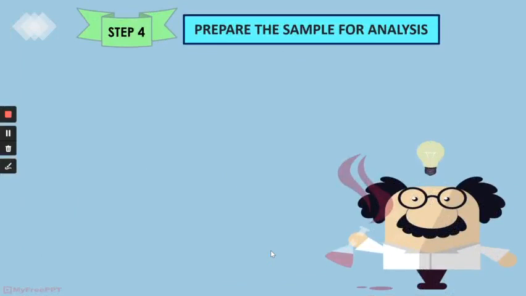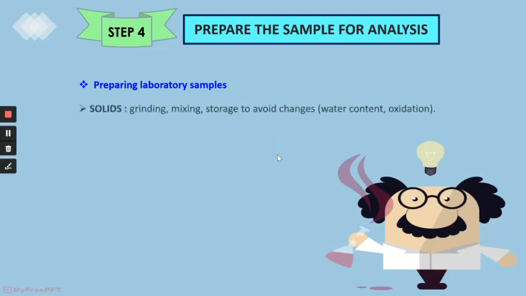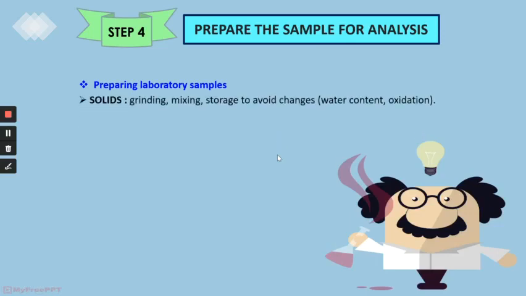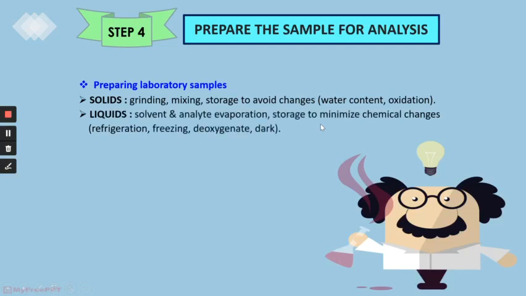Step number 4, prepare the sample for analysis. Actually this is preparing the lab sample. For solids: grinding, mixing, and storage to avoid changes. For liquids: solvent and analyte evaporation, and storage to minimize chemical changes; you will use refrigeration, freezing, deoxygenation, or you must put your sample in a dark place.